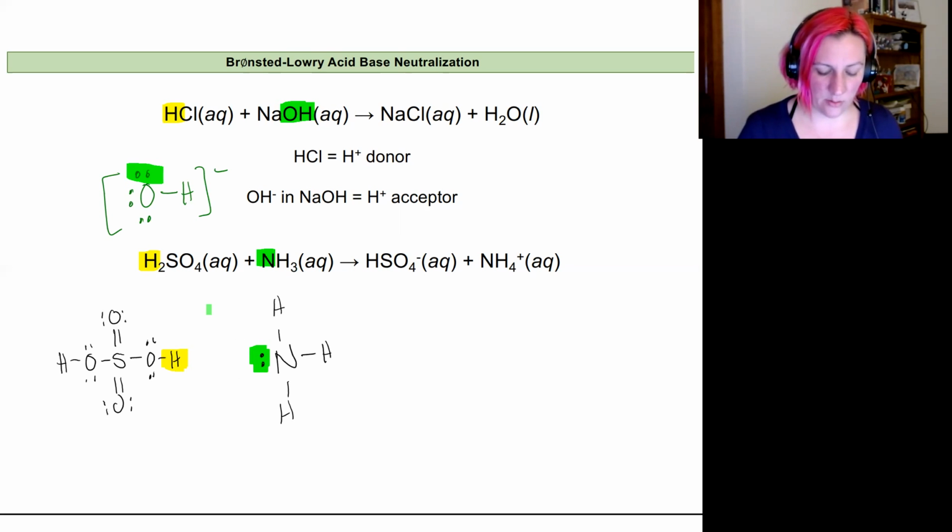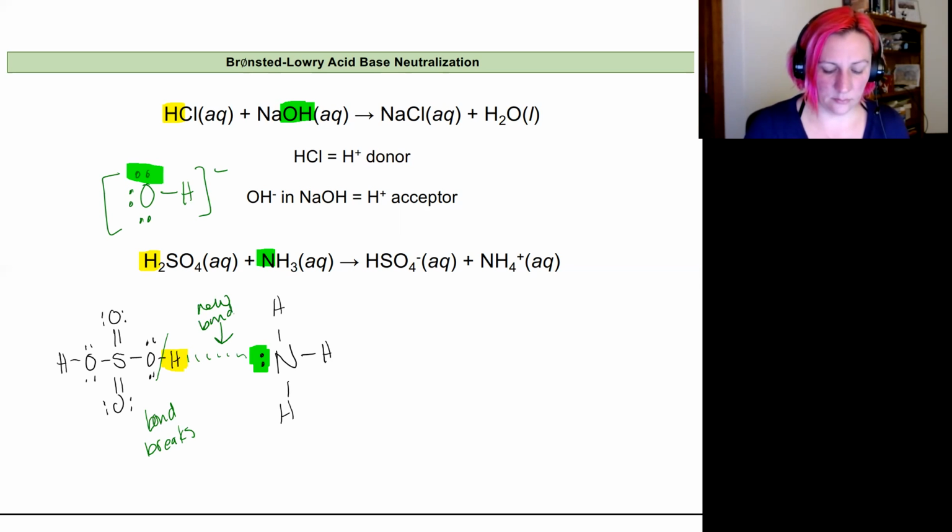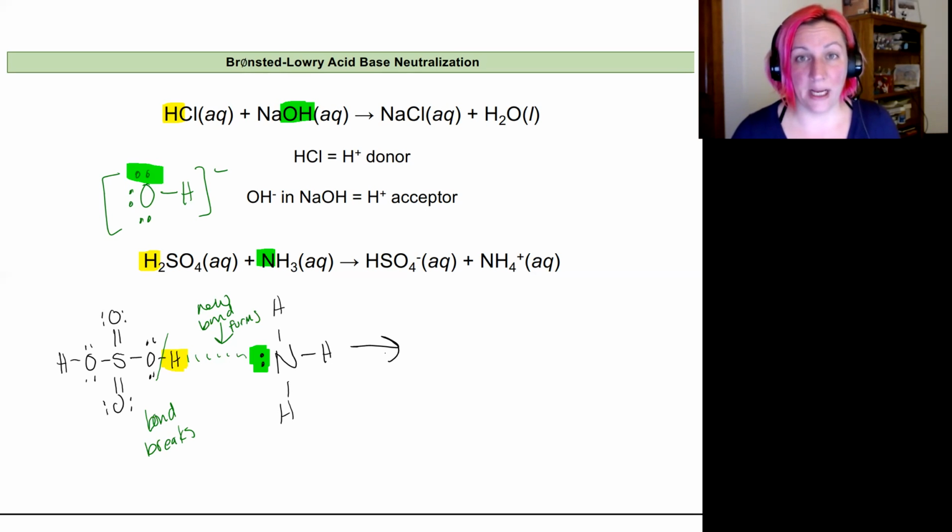So I'm actually going to get rid of this plus sign. And so what happens is this bond here breaks and a new bond forms. And then we produce our HSO4 minus and NH4 plus.